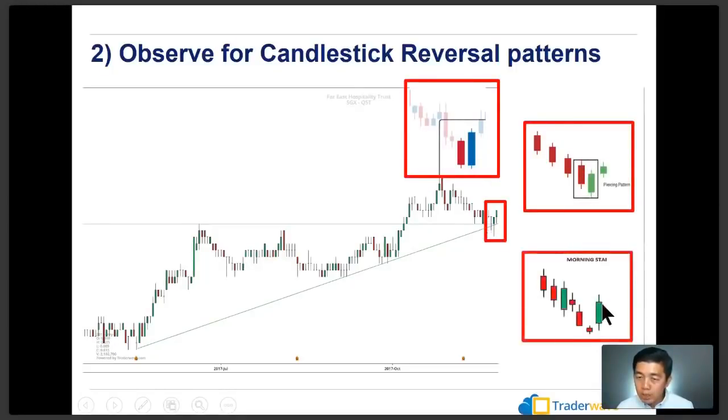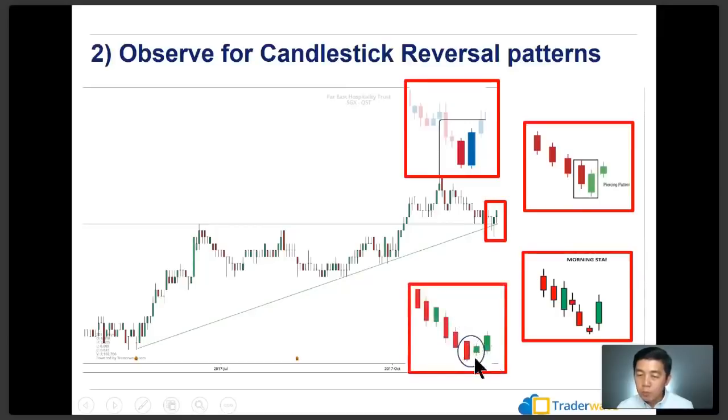Or it could also be a morning star pattern appearing over at this place. Or it could also be what we call the bullish Harami pattern happening over here. All right, so you can just imagine, you can keep a lookout for whether it's this candlestick pattern, this pattern, or this pattern. Any of the five patterns happening at an important level, that is when you want to watch out for an opportunity to trade.